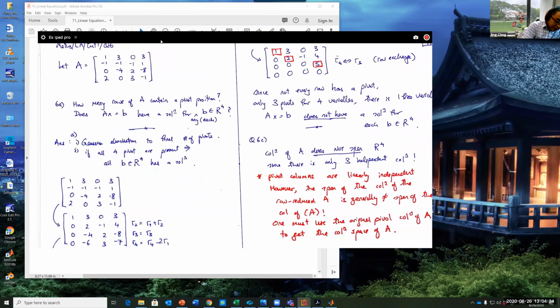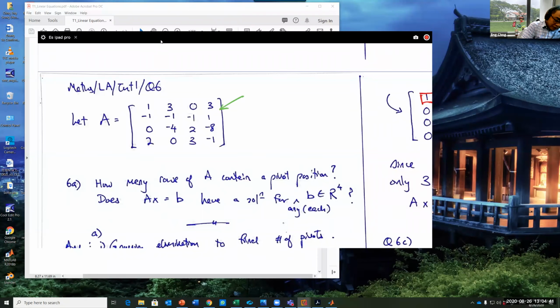Basically, I'm given A. The problem is, can I do this? This is a 4x4. The vector X must be a 4x1 column vector, and B will therefore be a 4x1 column vector.